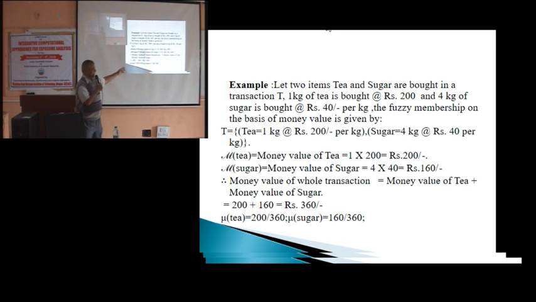Out of 360, tea is 200 by 360 and sugar is 160 by 360. My perception changed. I am looking at the transaction from money value, so the results will be different. If I look at the transaction from the weight, the quantity, the results will be different. And if I consider them as equal entities, the results will be different. So this is what we are looking at.